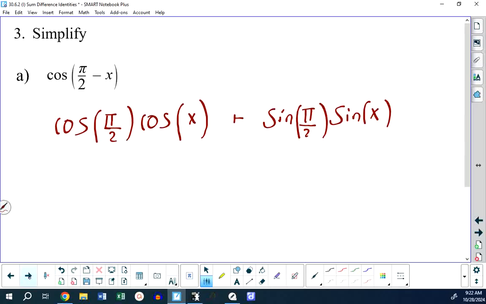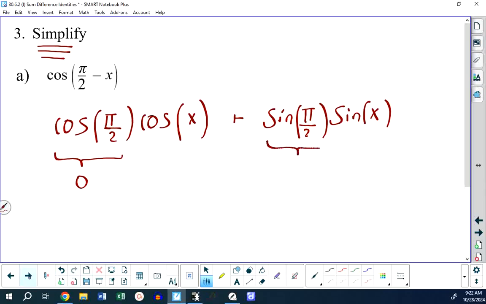Cosine of a difference is cos A cos B plus sine A sine B. And this is really simple now, which is good because we're asked to simplify it. Cos of pi over 2 is 0, because pi over 2 is 90 degrees and the x-coordinate at 90 degrees is 0.